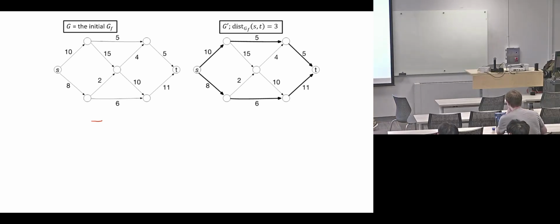So you do breadth first search, you're going to get the nodes at level 1, the nodes at level 2, and then you reach T. And only edges that go from one level to the next level will be in a shortest path. If it is in the same level or goes backward, it's not in a shortest path. That's it, right? Just do BFS and look at edges that go from one level to the next one. So computing G prime, just do BFS in the residual graph.